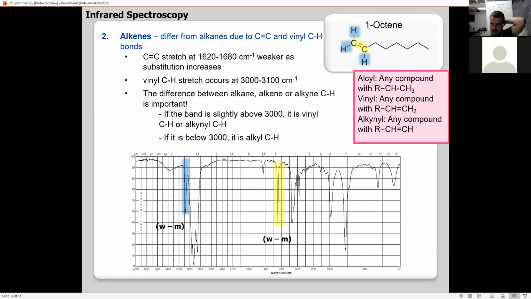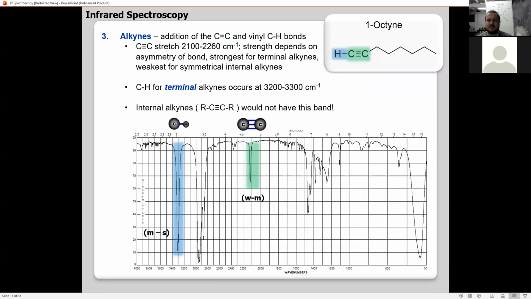Alkenes are slightly different. So we've got this alkyl compound, which is just alkanes, vinyl, which is alkenes. But you're never going to be asked to differentiate between an alkane, alkene, and alkyne.